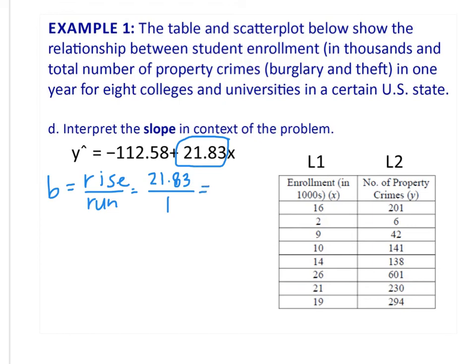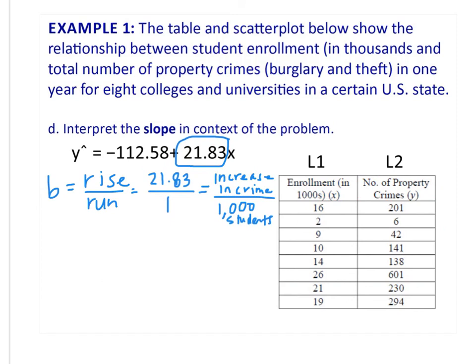Or this is the increase in crime for every enrollment of 1,000 students. So I use my rise over run formula to say, well, this is the increase in my y's, or the increase in the number of crimes, given every 1x, or every 1,000 students added to a student body.